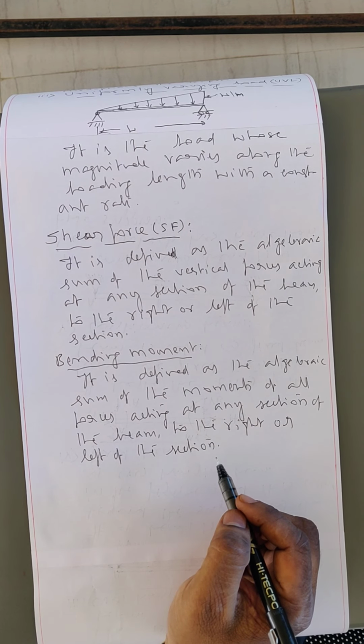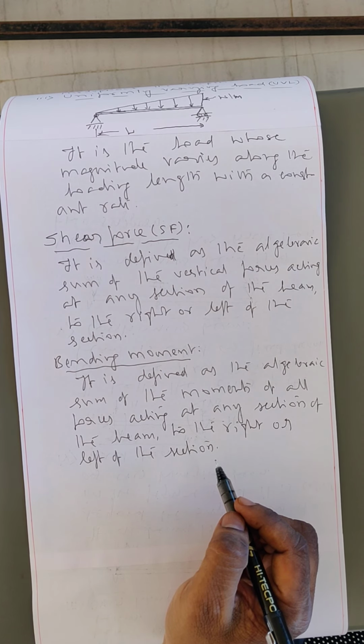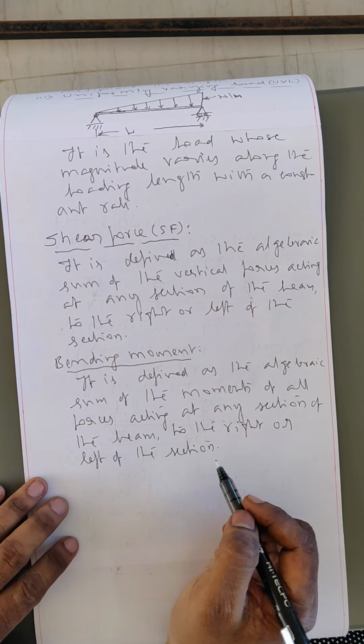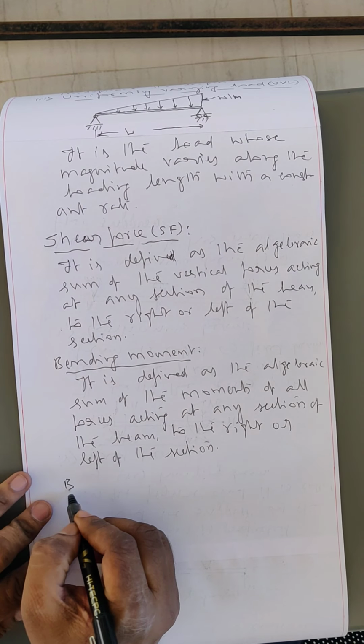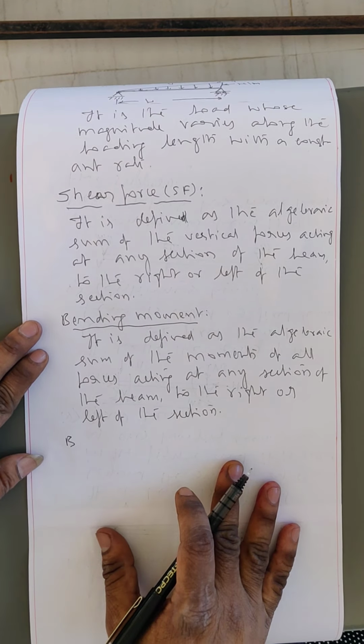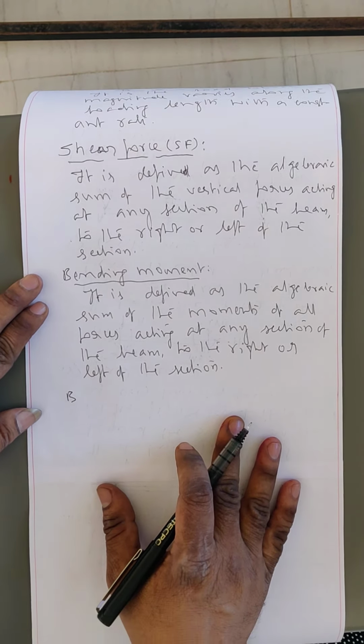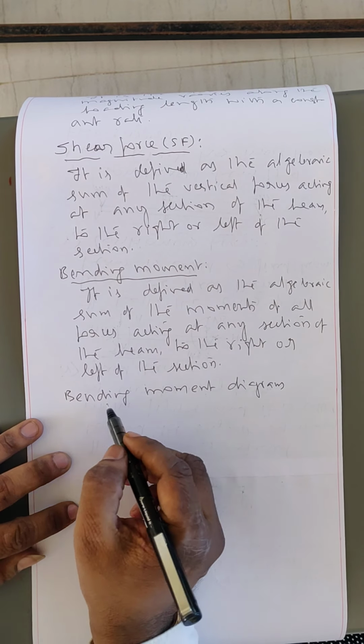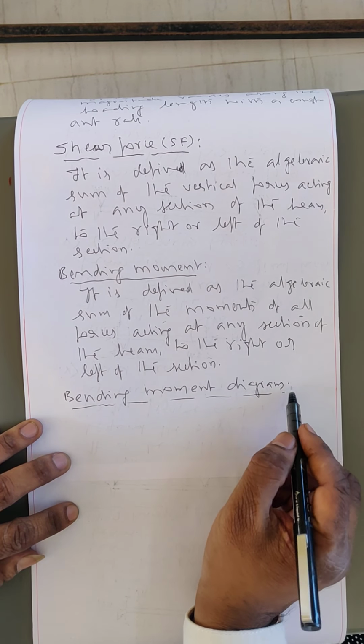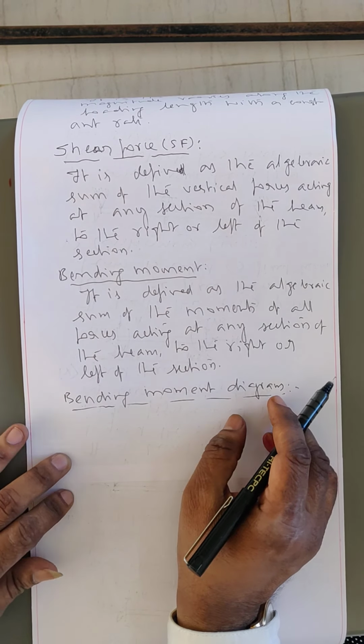Next definition is bending moment diagram. What is bending moment diagram? The graphical representation of the variation of the bending moments along the length of the beam is known as bending moment diagram.